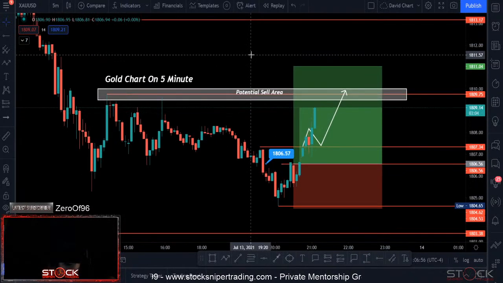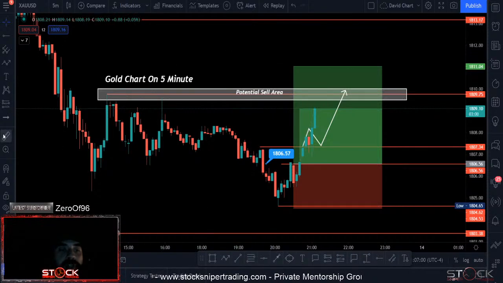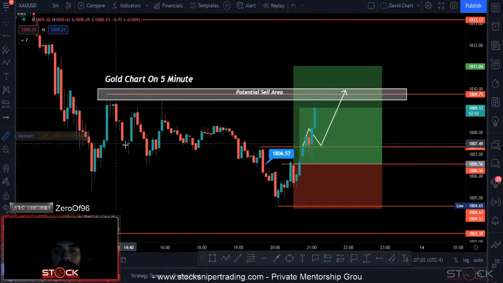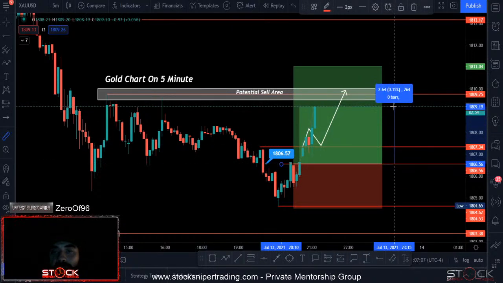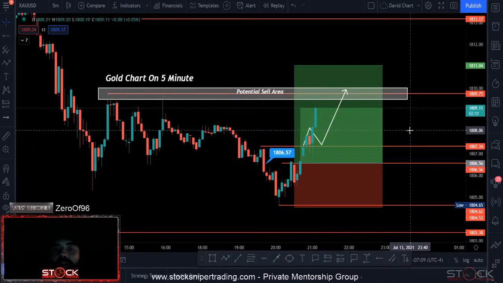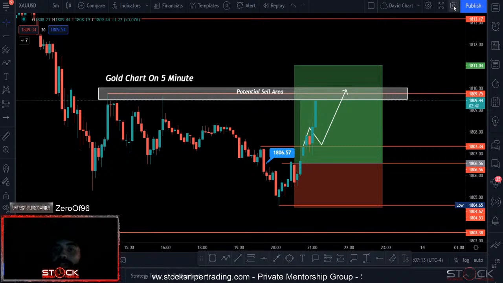Look at this, guys. From the entry, we are up 26 pips. Look at that.